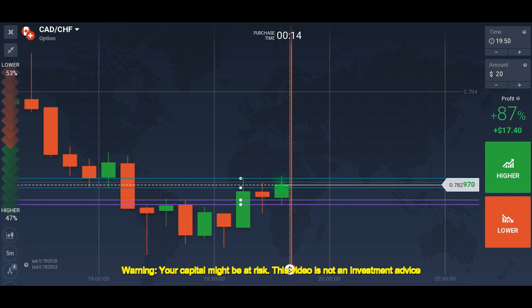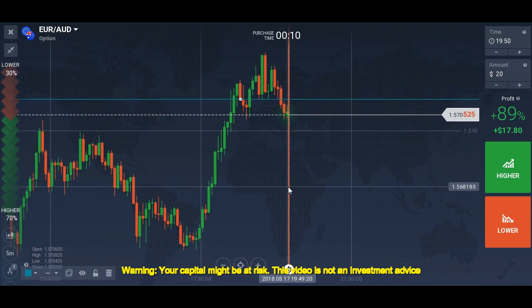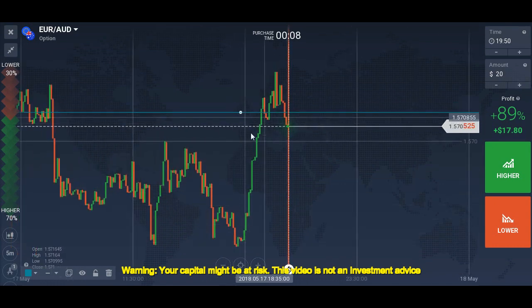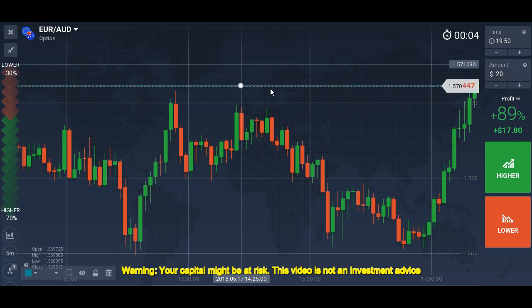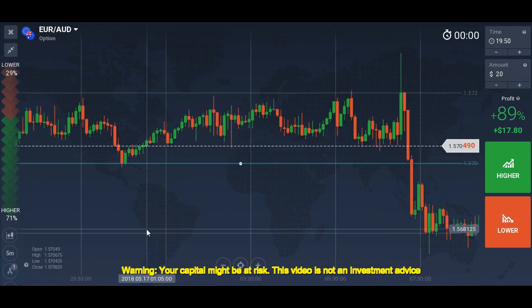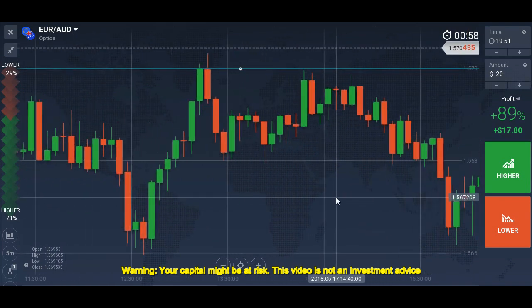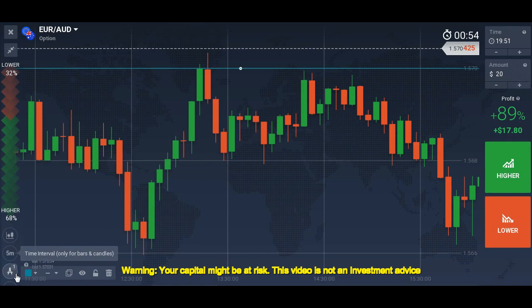Now let's move to the EUR/AUD chart, and here it was totally an uptrend. Okay, we have a level here. I will use this level. Okay, this is an extreme level. I'm going to use it.